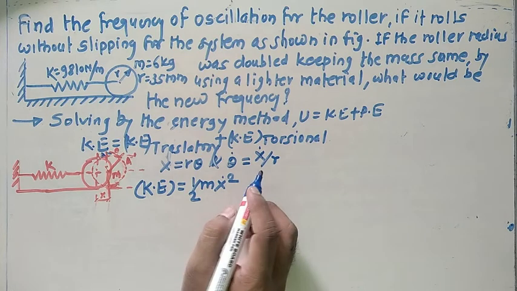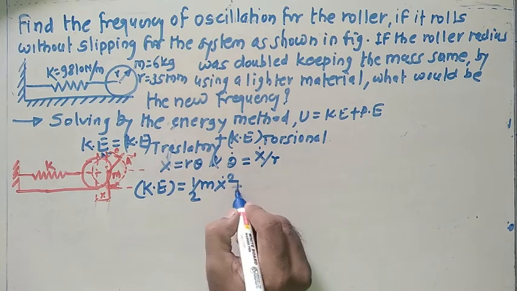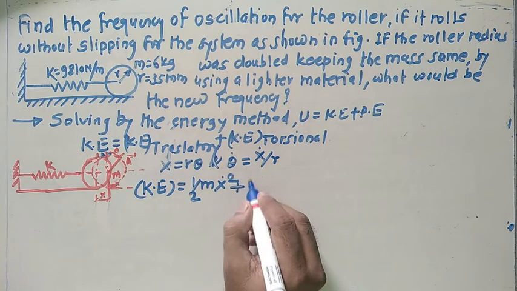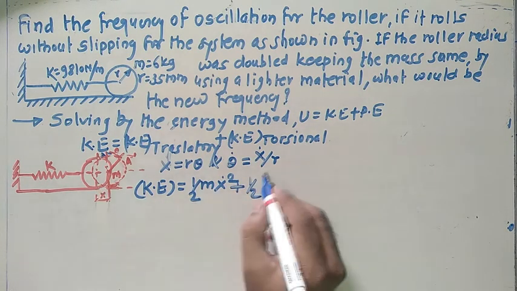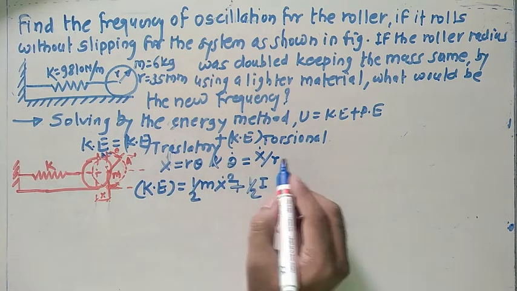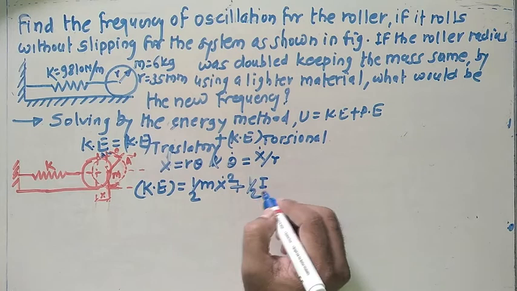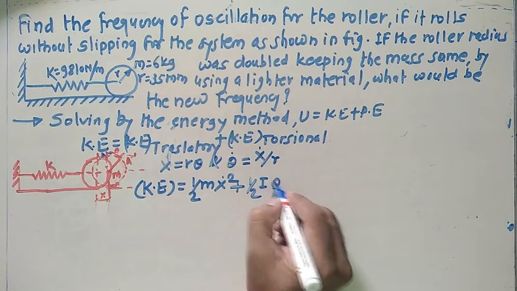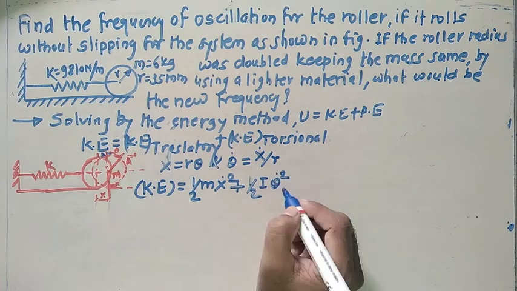During the torsional motion, the kinetic energy possessed by this mass is 1/2 the mass moment of inertia of this roller multiplied by its angular velocity square, 1/2 I theta dot square.